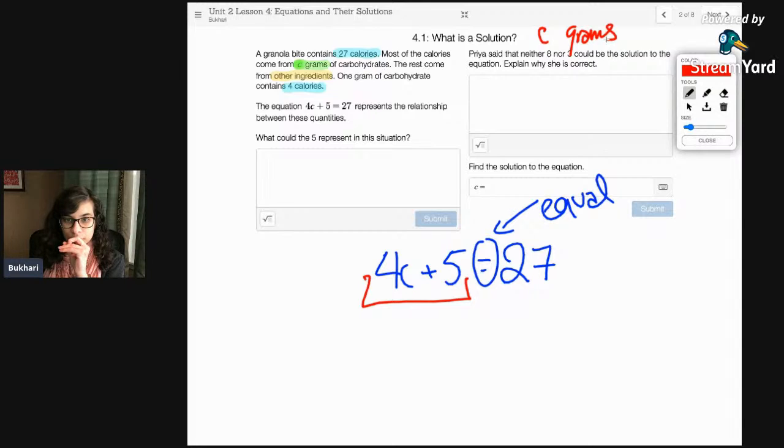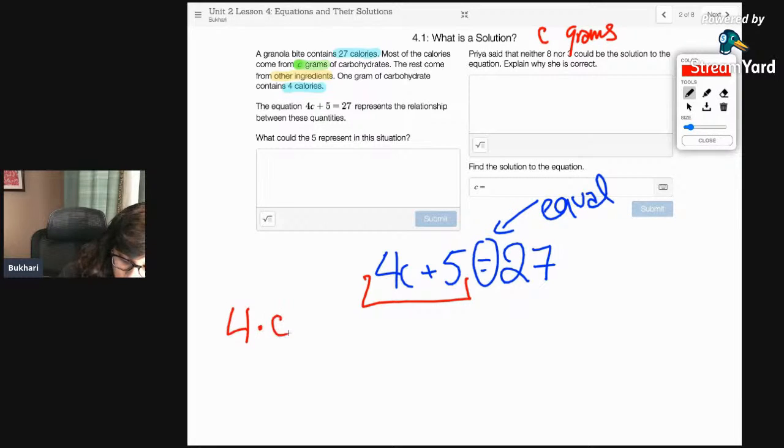And so how can you substitute in that 8 and 3 to see what you're going to result in? You can substitute the value in and check. You can see what's happening. Remember, this is 4 times C, it's multiplication. Plus 5 equals 27.